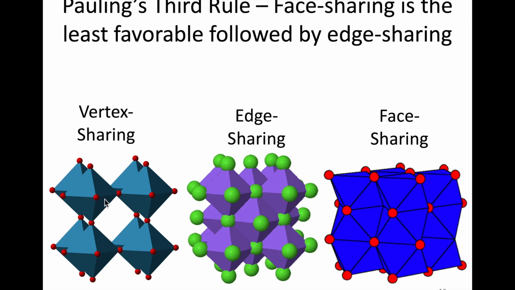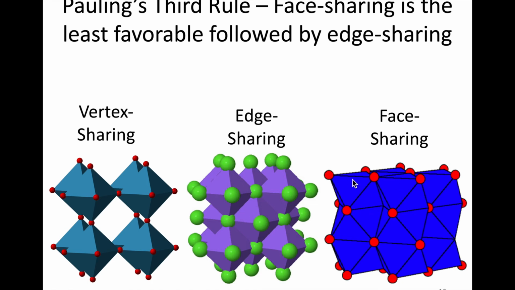But we are looking at these shapes now, and we're looking at how they're shared. This is an example of vertex or corner, so the corners of the polyhedra are shared. Here, if you look at this rock salt structure, the edge or line between 2 polyhedra is shared.